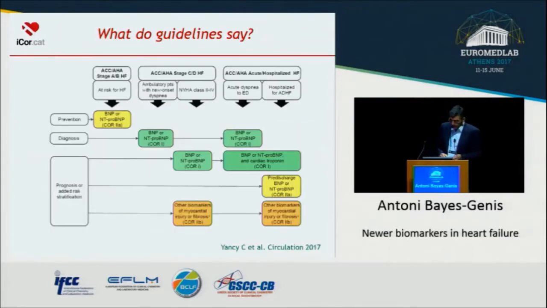So at the present time, the most recent guidelines from the AHA-ACC already give us some clues on which are the biomarkers we have to use in regards to those that have more evidence. On your left, you have prevention, diagnosis, and prognosis and risk stratification. On top, you have the different AHA stages, A, B, C, D, and also hospitalization.